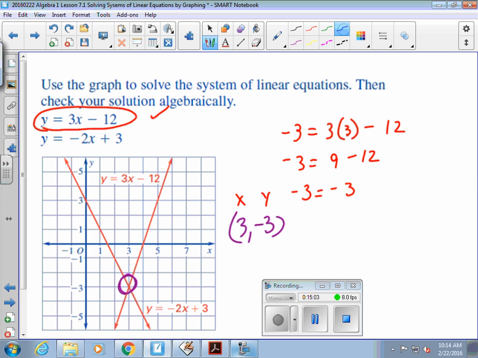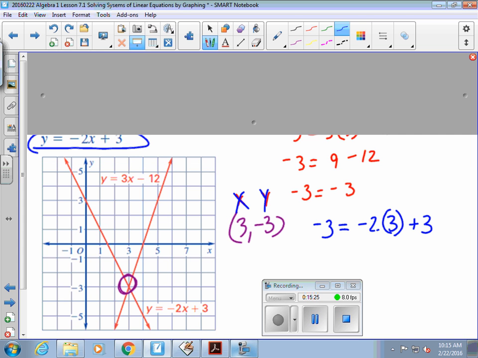Do the same thing with the second equation, y equals -2x plus 3. Instead of y, we're going to plug in -3, equals -2 times, instead of x, we're going to plug in 3, plus 3. One thing I see students doing is they'll use parts of one equation and parts of the other.